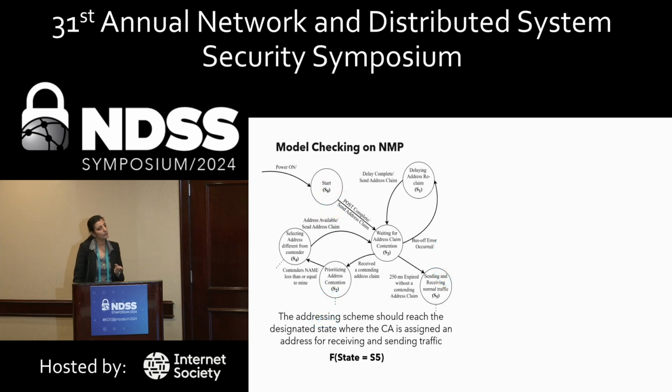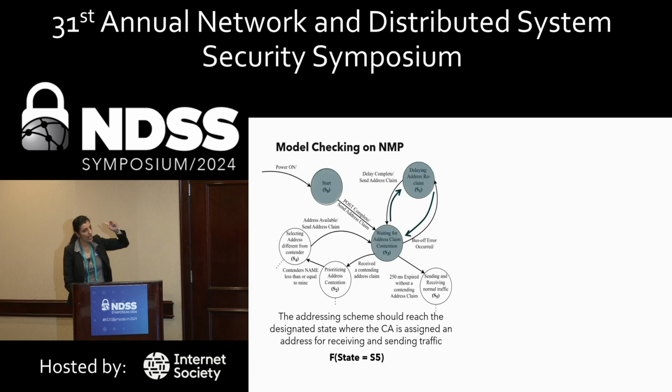So we validated our attacks by verifying crucial properties, such as a controller application should always reach the state S5. If a controller application gets stuck between S1 and S3, that would be a counterexample.